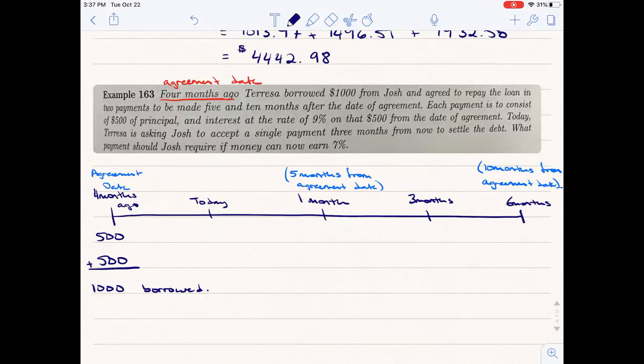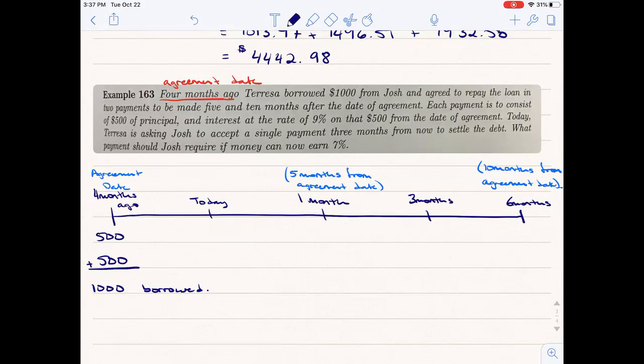And so the original agreement doesn't care about today or the 3 months. Sorry, I can't see, I'm trying to see. The original agreement, you really don't need this or this on there. You only need the agreement date, and then you could say 5 months and 10 months.